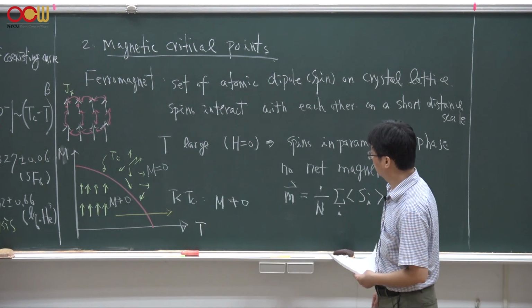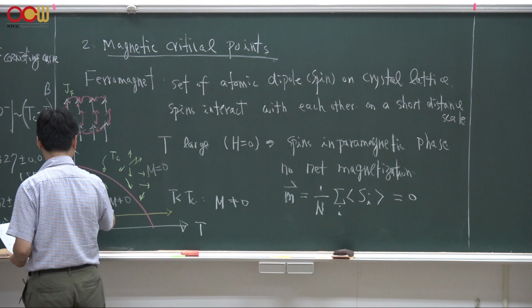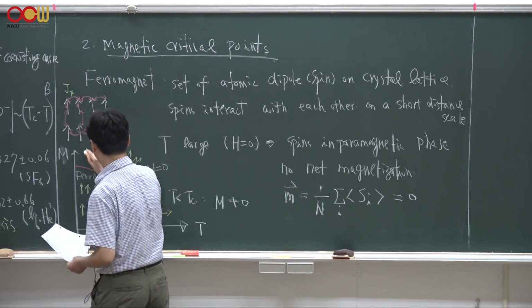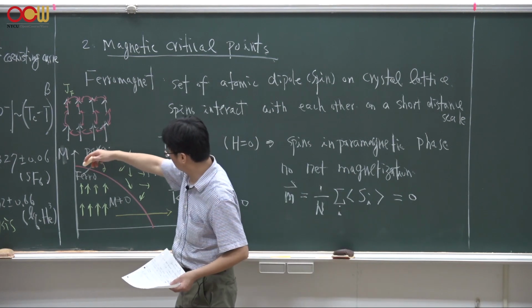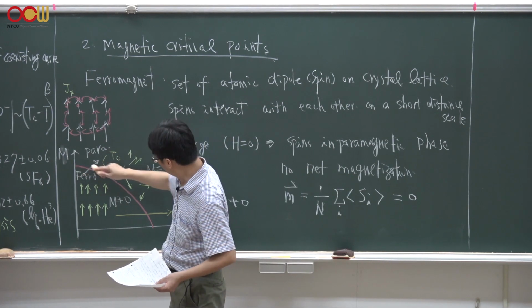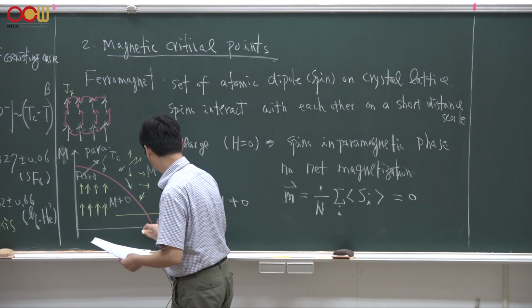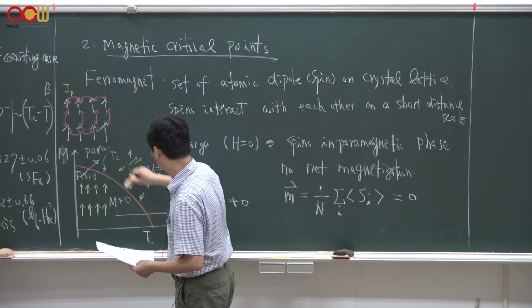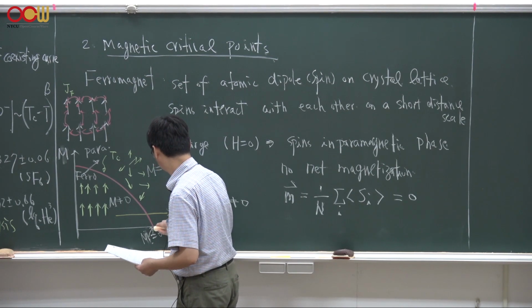Macroscopically, we could describe such a transition from the ferromagnetic phase to the paramagnetic phase. Especially, this Tc curve will go down from a finite value to almost 0 right here, so the magnetization vanishes right here at Tc.